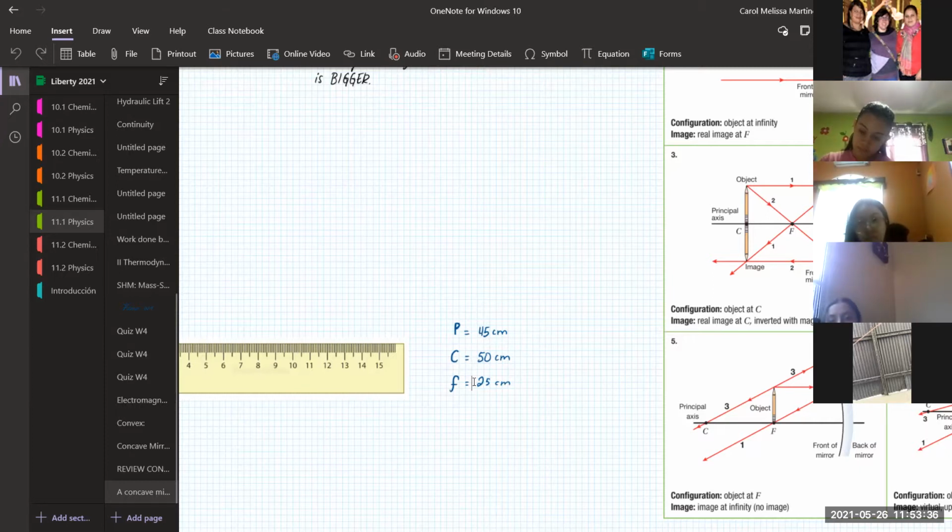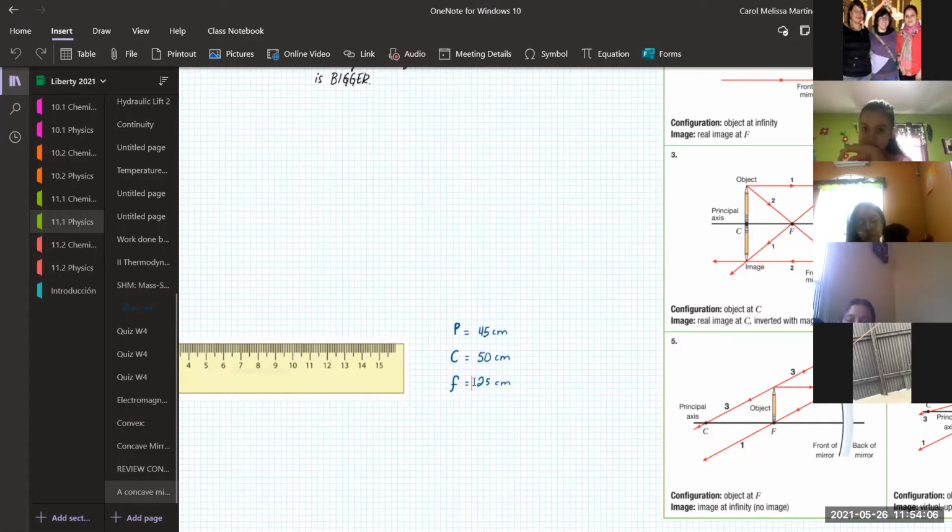That measurement is going to allow us to represent a real object with a smaller distance because your notebook is limited, okay? Your notebook is limited. So you cannot draw a ray diagram that is just too big, okay? It doesn't fit. If it doesn't fit, you need to use a scale.